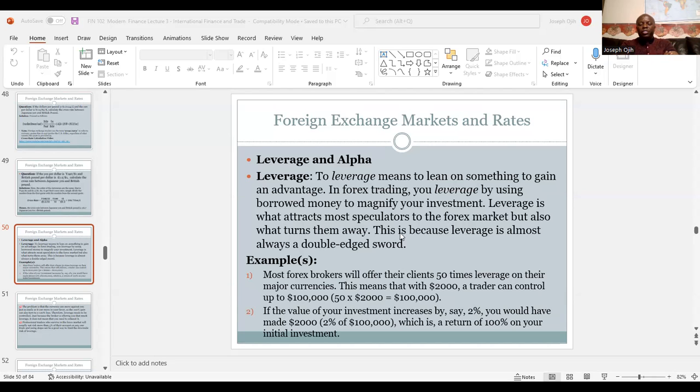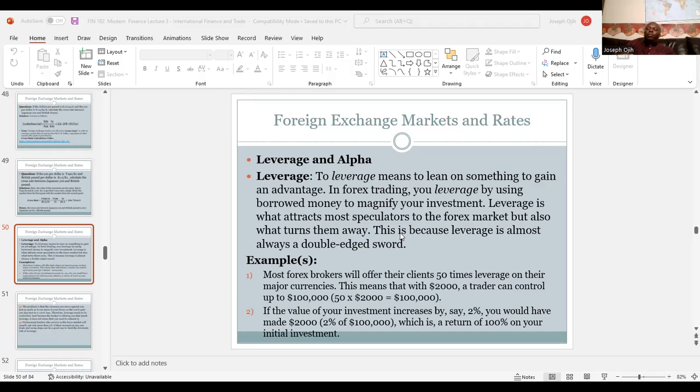So, what's leverage? Well, a simple way to explain leverage is that it is a method of leaning on something to gain an advantage. So, when you lean on something to gain advantage, then you are making that your leverage.